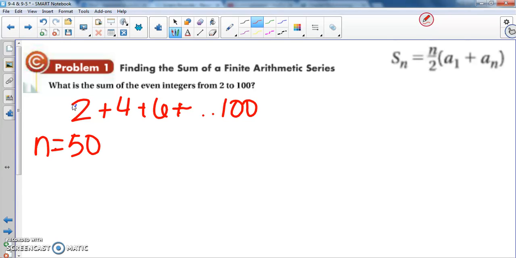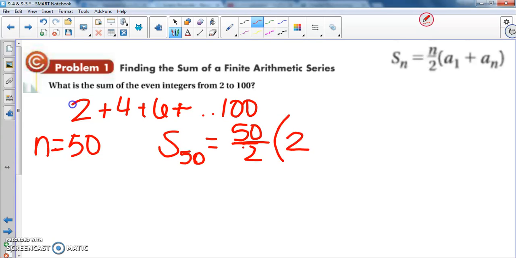Then we have a1 and we have an. So the sum of the first 50 terms is equal to 50 divided by 2 times a sub 1, which is 2, plus a sub n, or a sub 50, which is 100.